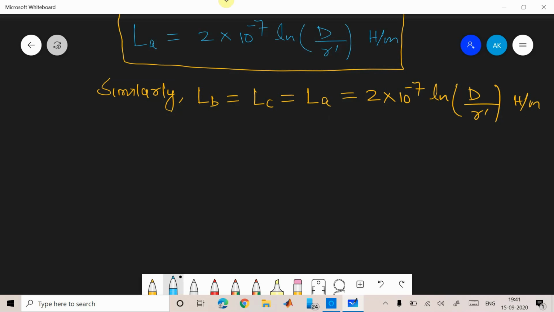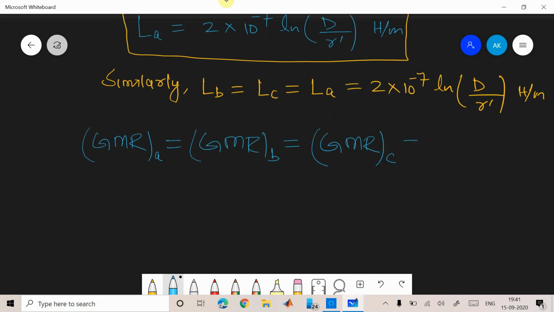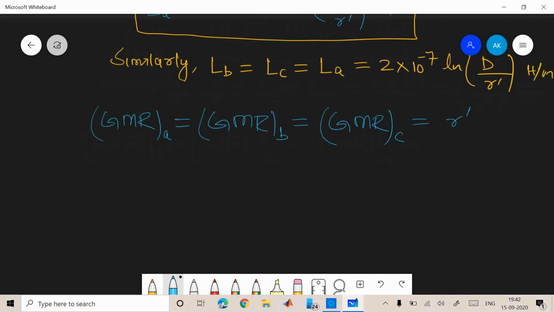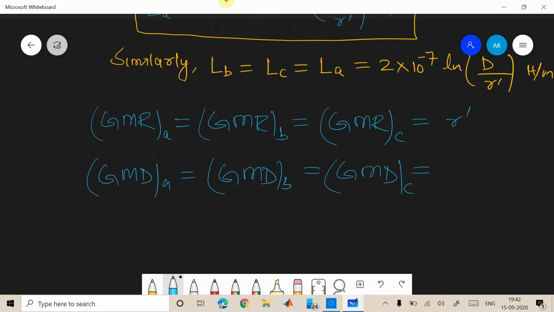So we can write that in this case, in a symmetrical three-phase line, the GMR of phase A will be equal to GMR of phase B will be equal to GMR of phase C, which will be equal to R dash, where R dash is 0.7788 times R. And GMD, geometric mean distance, of phase A equals GMD of phase B equals GMD of phase C, which are equal to D. D is the distance between the conductors.